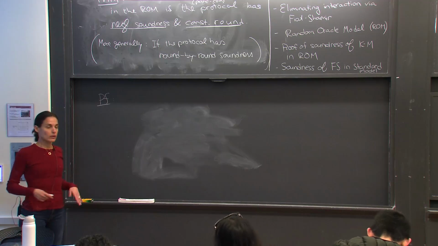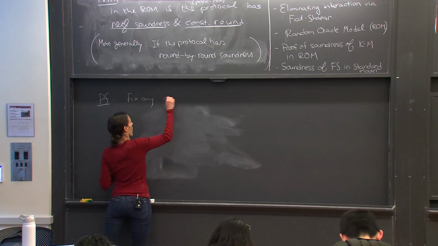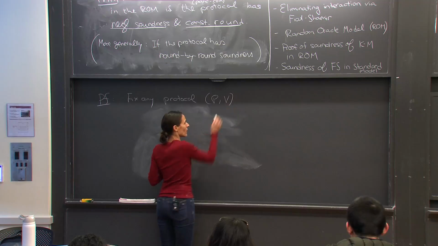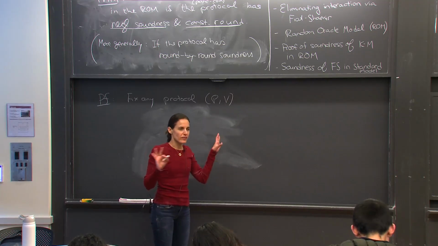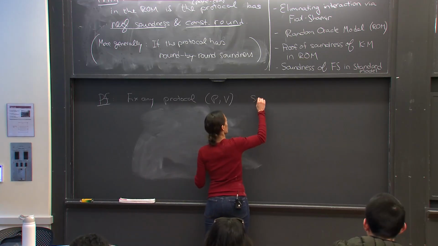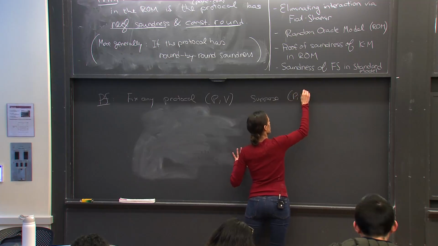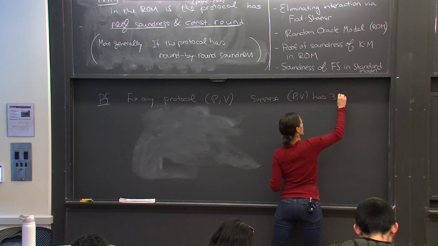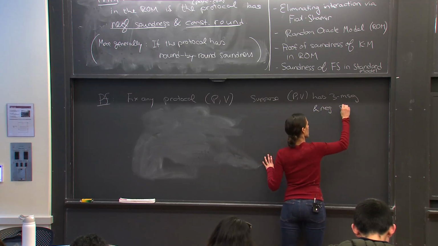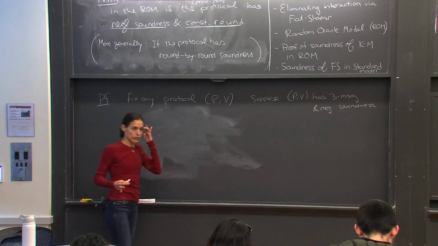Okay, so fix any protocol. Let's call it PV. Let's assume, just for simplicity of notation, you'll see how it extends, that it has 3 messages and negligible soundness. We'll later see how to extend it to more rounds.